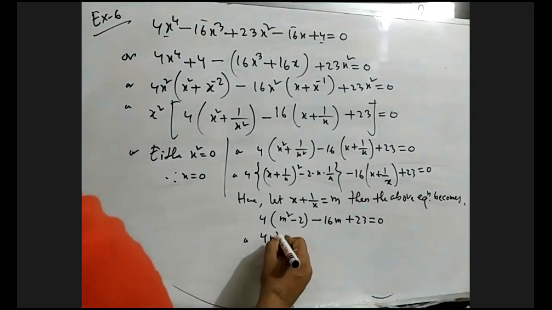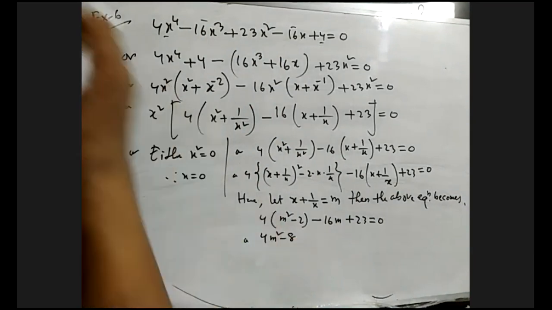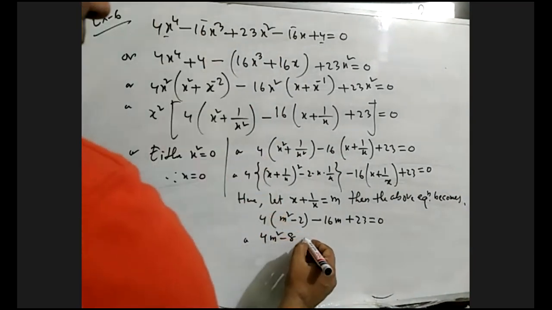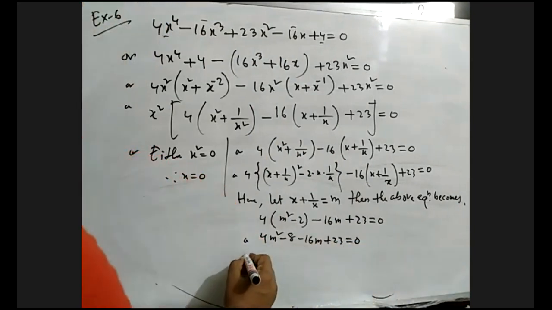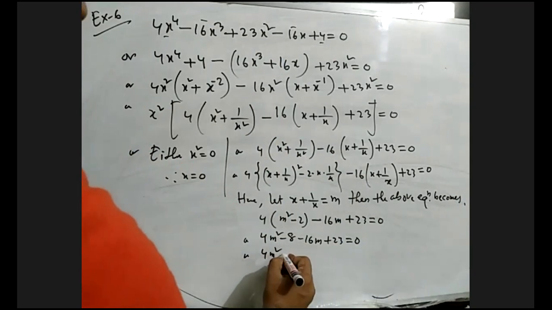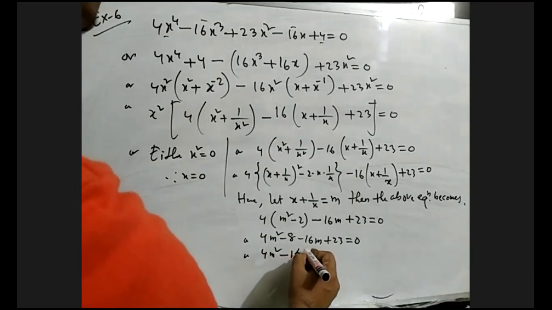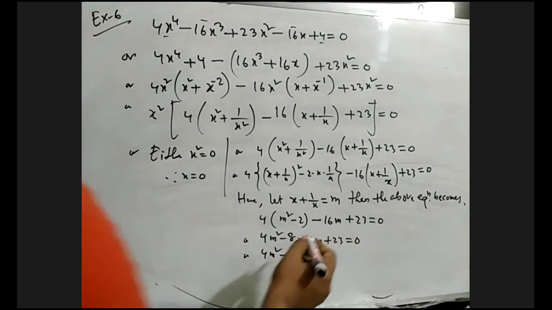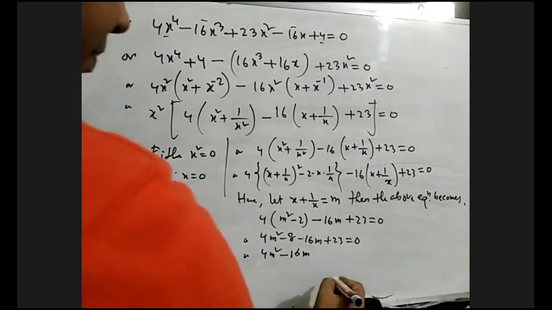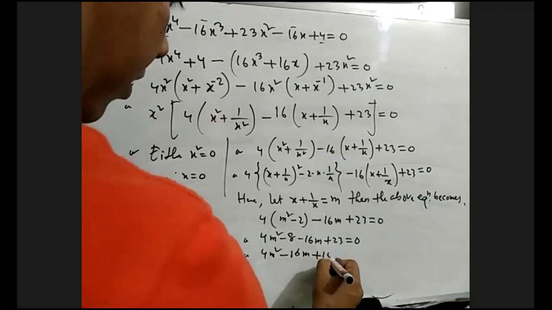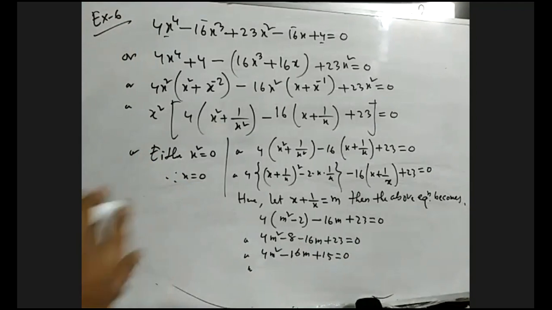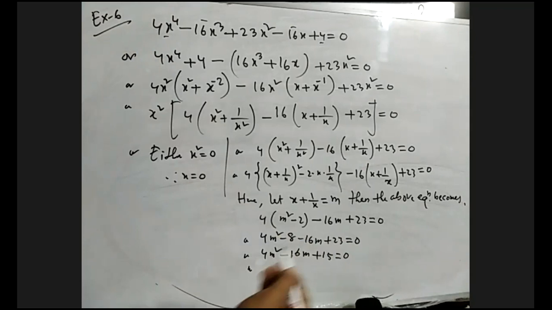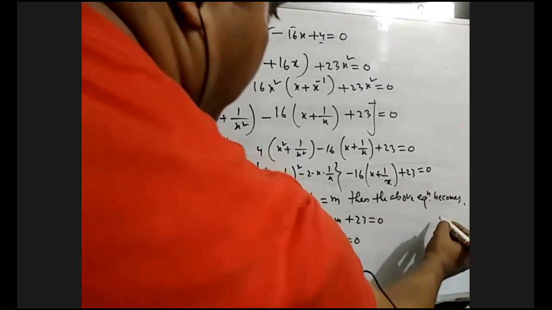So 4 m square minus 8 minus 16 m plus 23 equals to 0, or 4 m square minus 16 m, then 23 minus 8, what? 15. Okay, plus 15 equals to 0. Now solving this for m by using the middle term factor method, 4 and 15 will multiply to 60.